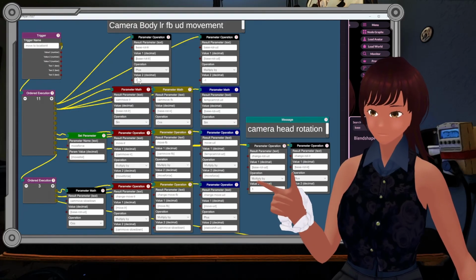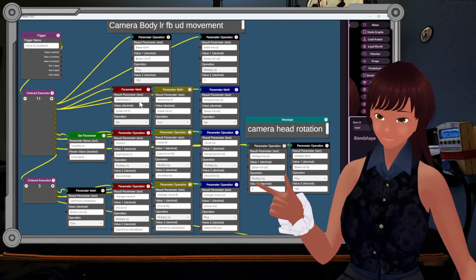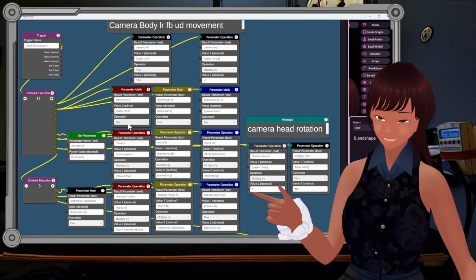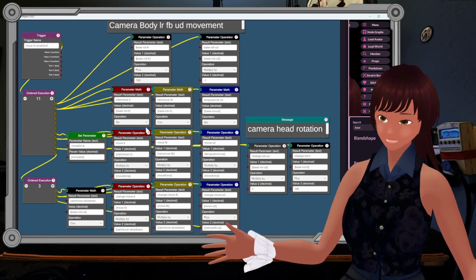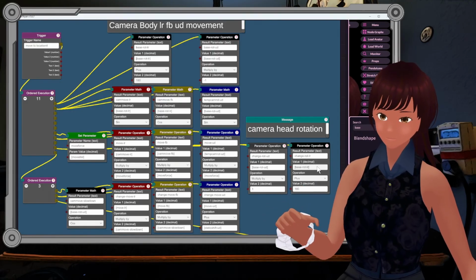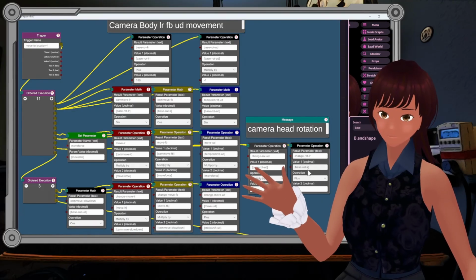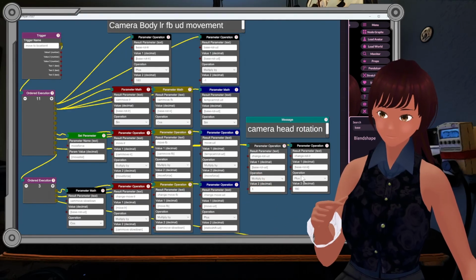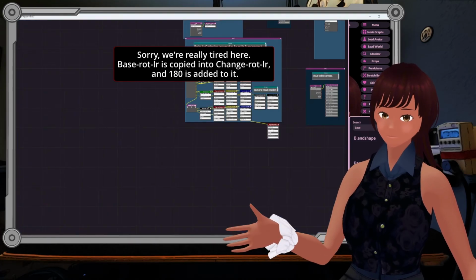So base rotation gets changed, and then it gets fed into cam move, and then cam move, of course, had a sine put into it, so base rotation gets a sine put on it, but it's called cam move now, and then all these things happen. But over here, I'm straight up changing change rotation left, right, which is not this stuff here. It's another variable entirely that's getting our base rotation changed. So that's where the magic is.